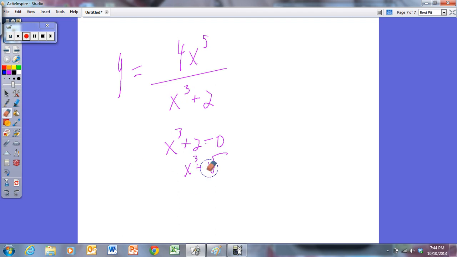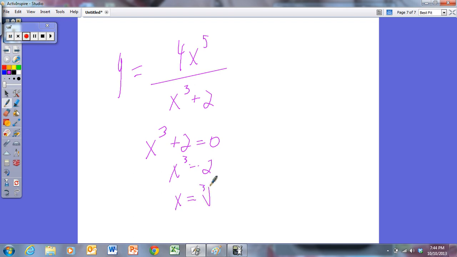If I set the denominator equal to 0, so x cubed plus 2 equals 0, x cubed equals negative 2, x equals the cubed root of negative 2. And you can take the cubed root of a negative. So there is going to be a vertical asymptote.